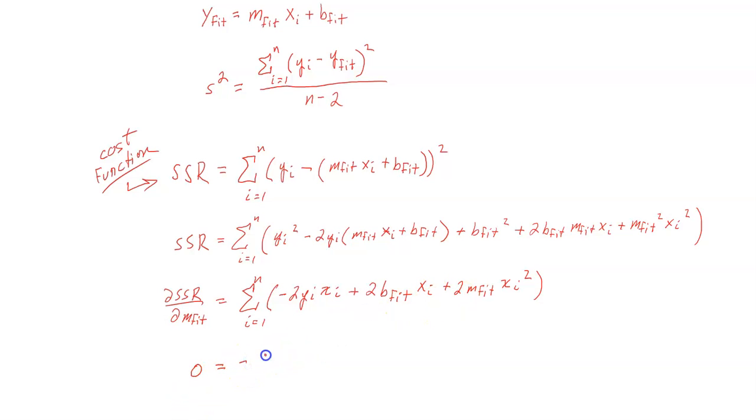And so when we do that all together, we get minus the sum of i equals 1 to n of xi yi, plus b fit, which is a constant, multiplied by our summation from i equals 1 to n of xi, plus our slope m fit, that's the sum of i equals 1 to n of xi squared.